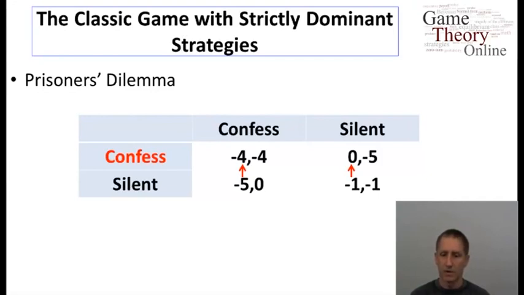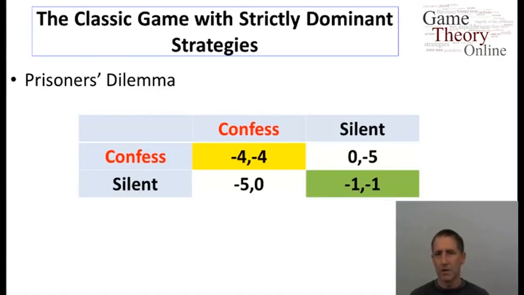And of course, this is a symmetric game, and therefore the only outcome, the dominant strategy outcome of the game, is for both of them to confess and get a -4. This is of course paradoxical, because had they only cooperated and remained silent, they would have gotten a much better payoff of -1. And so this is one reason the game is famous, because of this paradoxical nature.